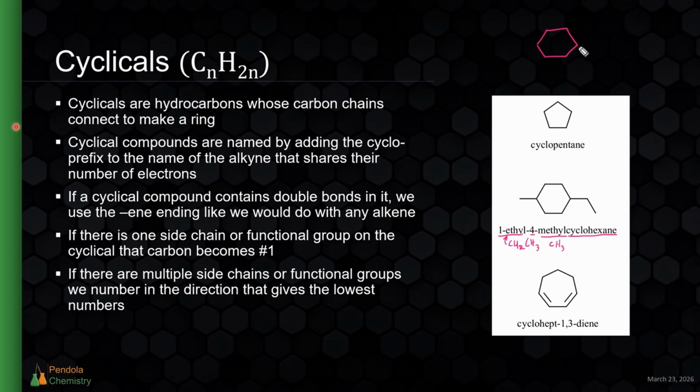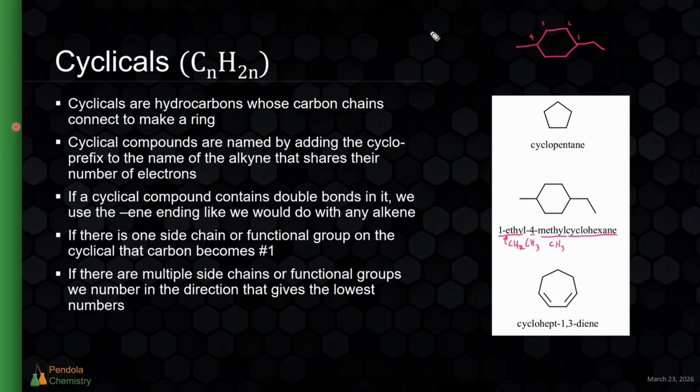1-ethyl means that on carbon number 1, and we can choose any of these to be carbon number 1, really, it's up to us, it's going to be a 2-carbon chain, 1, 2. So that's carbon 1 with a 2-carbon chain. And then we can go whichever way we want, we end up with the same answer. 2, 3, 4. We have 4-methyl. So we have a 1-carbon side chain on the other side.